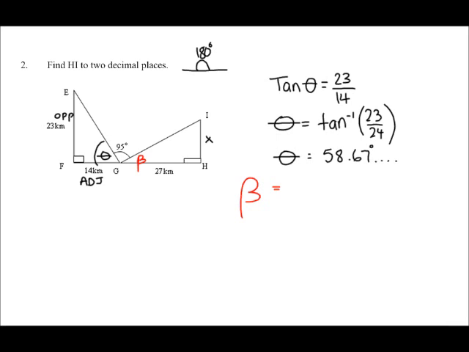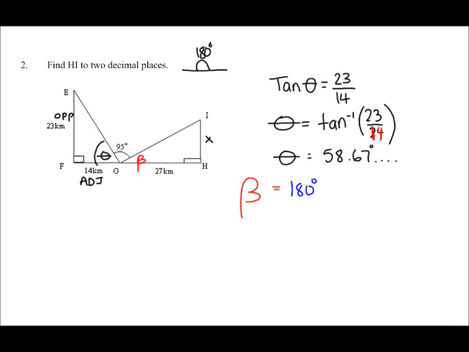Okay, how do we get beta? This was actually 23 over 14. Yeah, so we have 180.